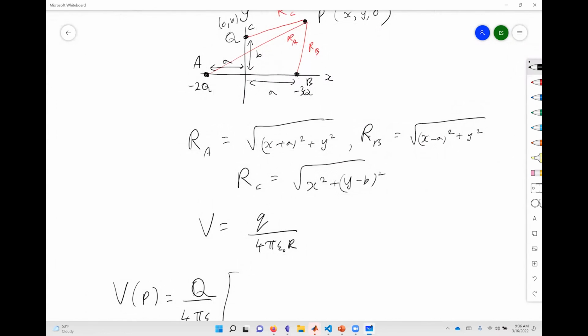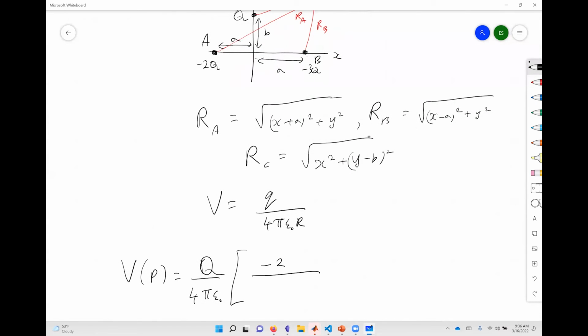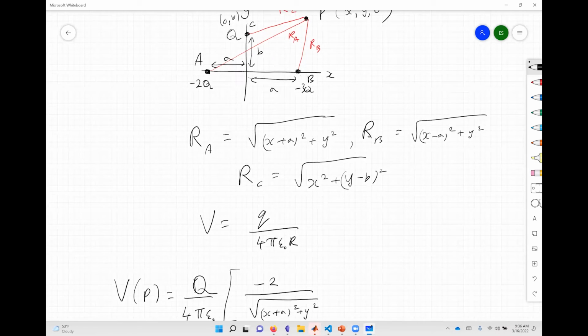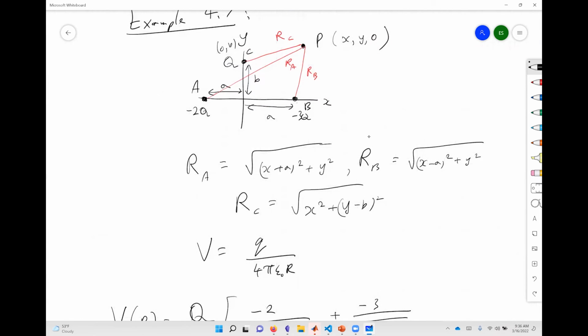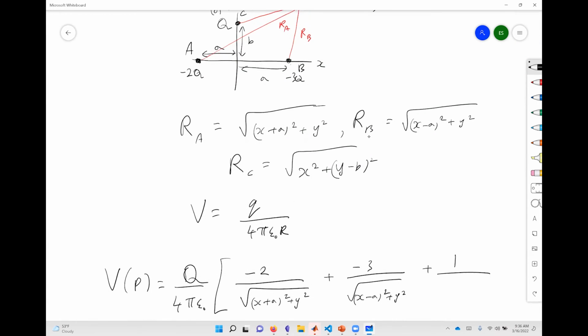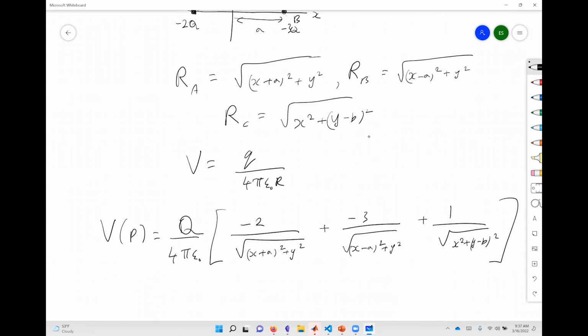Charge A is going to be -2, so -2 over RA, which is square root of X plus A squared plus Y squared. And then B is -3, so plus -3 over RB, X minus A squared plus Y squared. And then C is just Q, so 1 over RC, which is X squared plus Y minus B squared. This is it. This would be the voltage at any point.